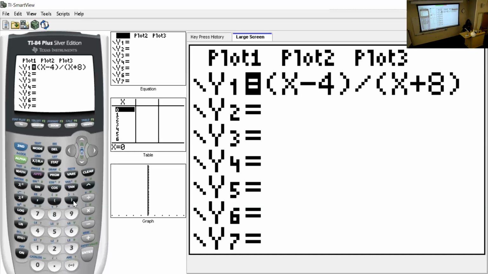Without even sketching, can you tell me whether there is an asymptote? Okay, did you graph it? Graph it and then tell me. Is there an asymptote?